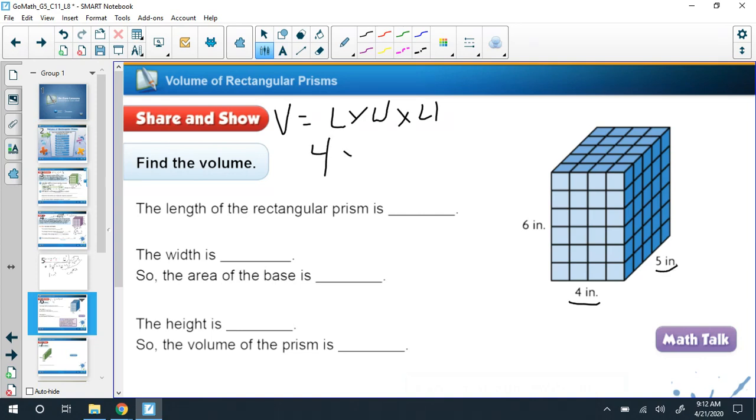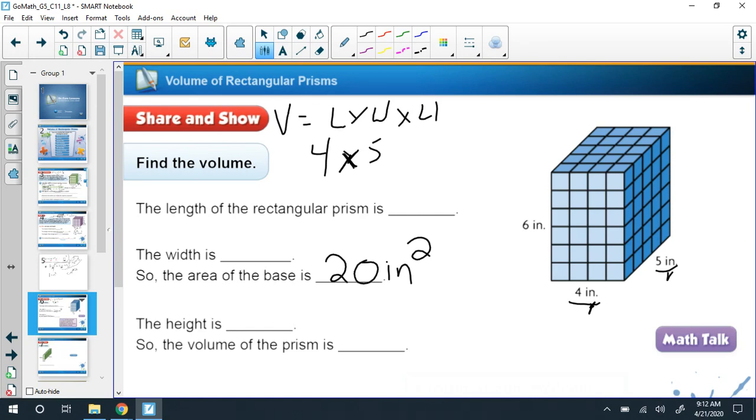Our width is 5 inches, which means that the area of the base of this rectangular prism is 4 times 5. Well, 4 times 5 is 20. They're inches. Remember, area is square units, because we multiplied inches by inches. So we get a base area of 20 square inches.